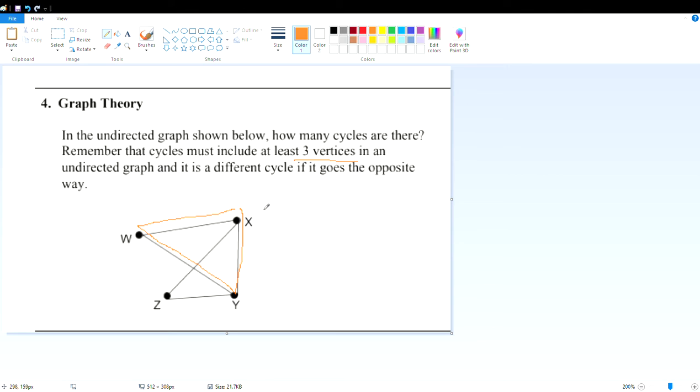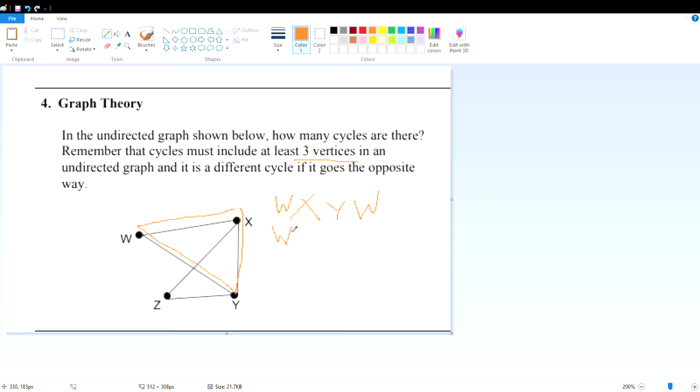So we would be W, X, Y, and then back to W. And then the other one would be the opposite way.